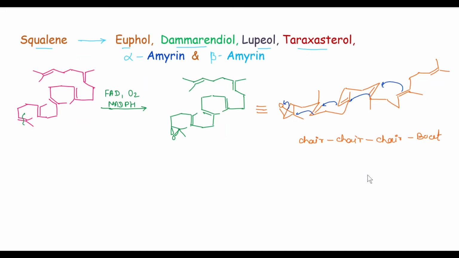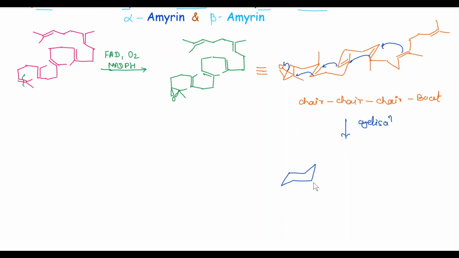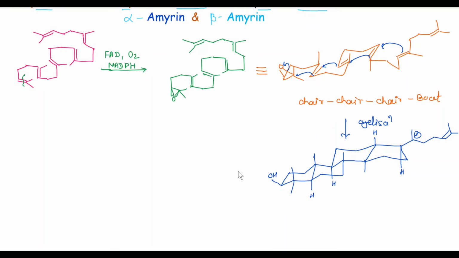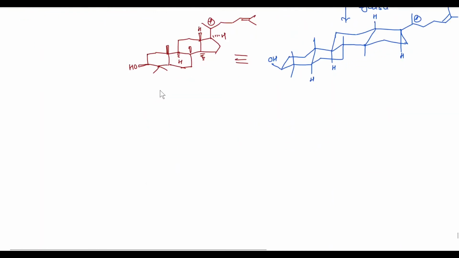And opening of the epoxide takes place, and we get here a positive charge, OH. Now this is equivalent to, and this cation is known as dammarenyl cation.